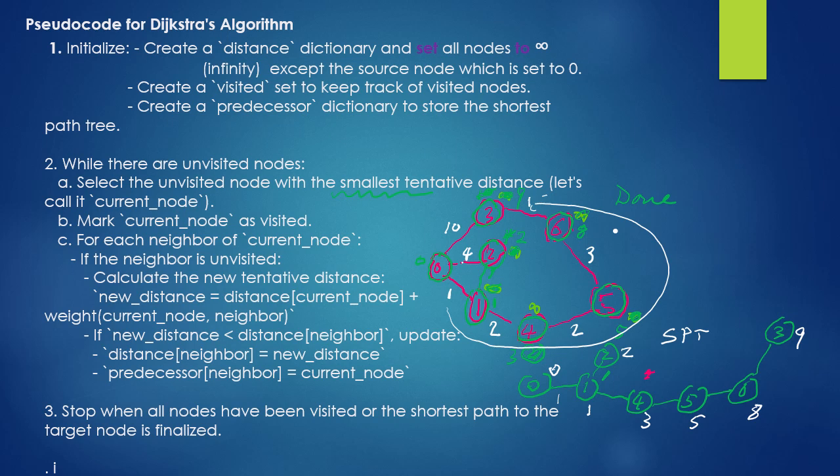The visiting sequence is 0 first, then 1, then 2, and then we jump back to 4, then 5, then 6, and finally 3. Your update doesn't mean visit.